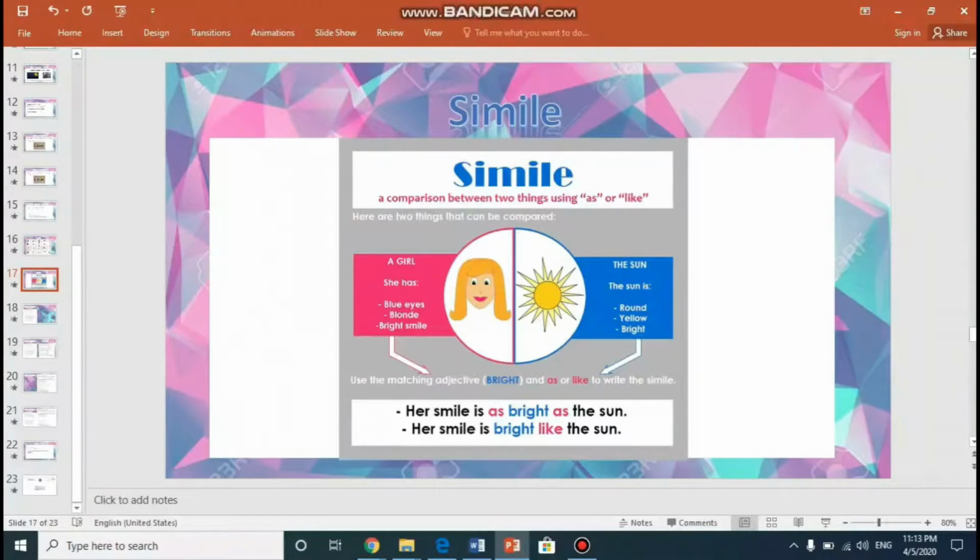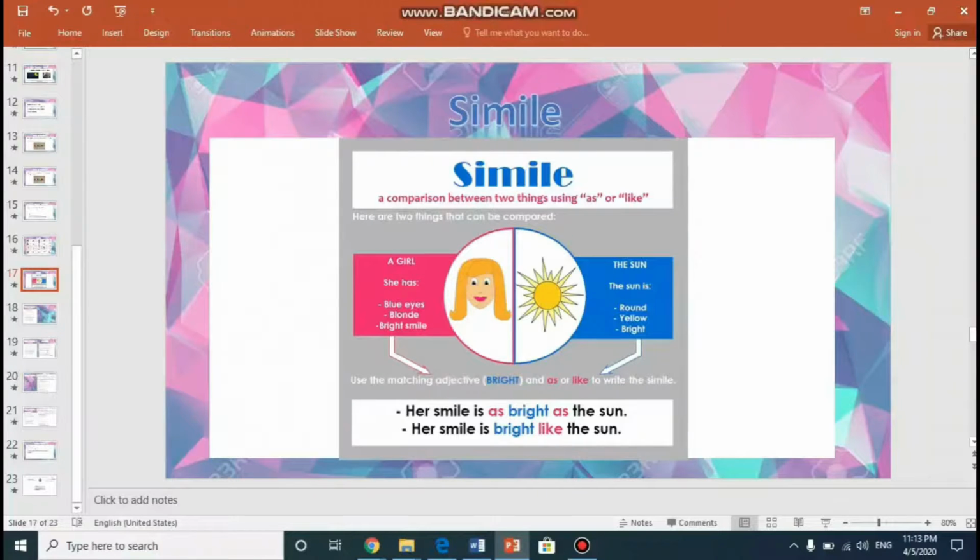And I have her smile is bright like the sun. So these two sentences have the same meaning, but the simile is used in two different ways. The first sentence used as, while the second sentence used like. And these are the two sentences that can be made.